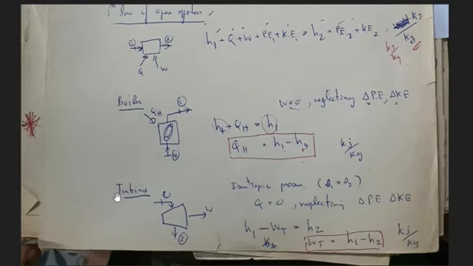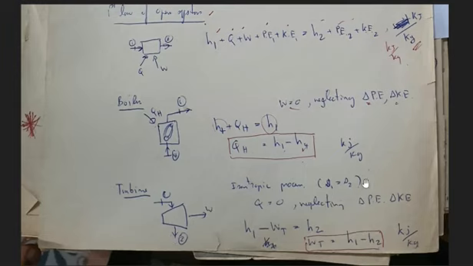So for the turbine process, if it's the ideal process, we will assume it would be an isentropic process. Isentropic process means that the entropy will not change. The entropy at point 1 and entropy at point 2 will not change.